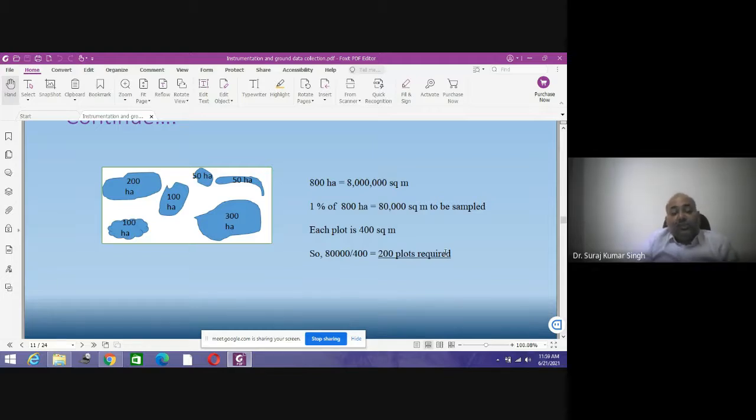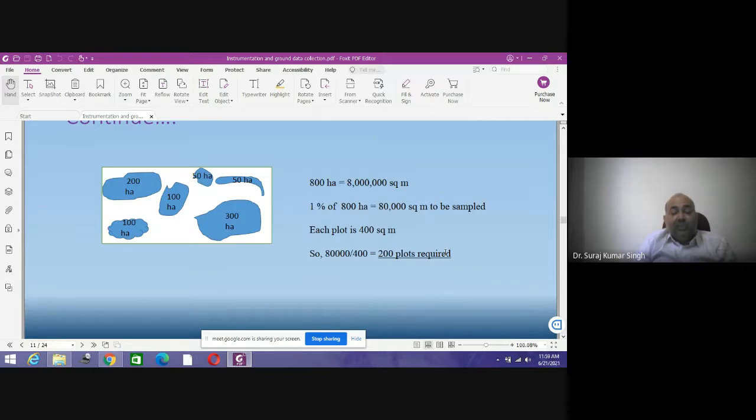So first, this entire analysis was done prior to going into the field: you have identified the total area, the sampling size you have to select, and then you subdivide the entire area, so that from each and every portion and section, the plots stated mathematically or statistically will be calculated and generated prior to going into the field.